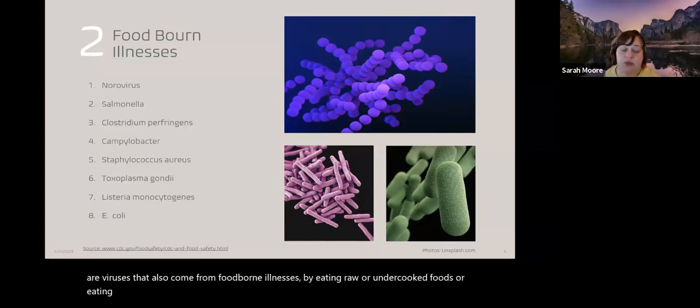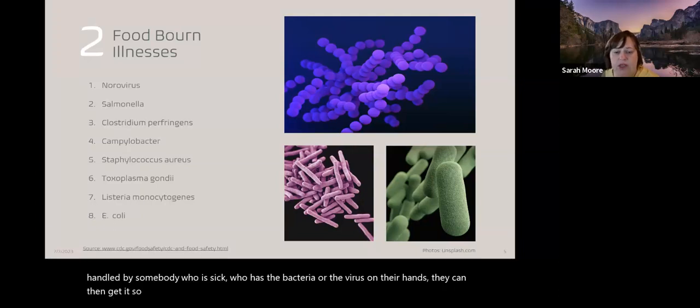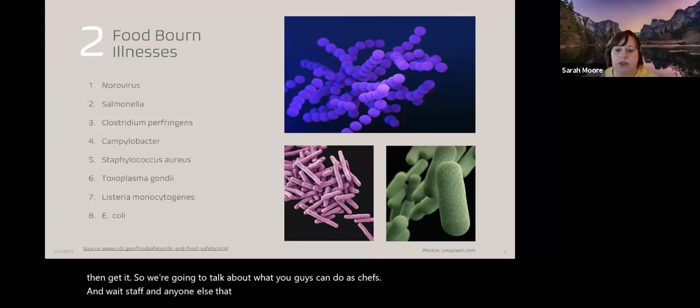So foods that are cooked properly, if they're then handled by somebody who is sick, who has the bacteria or the virus on their hands, they can then get it. So we're going to talk about what you guys can do as chefs and wait staff and anyone else that comes into contact with the food or eating utensils, what you can do to prevent the spread of these types of illnesses.